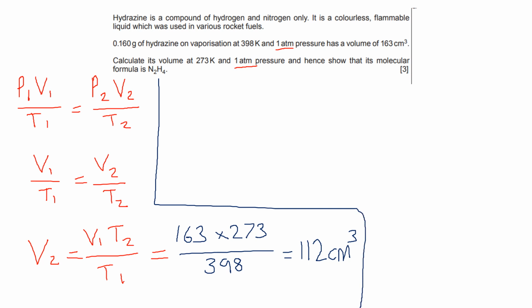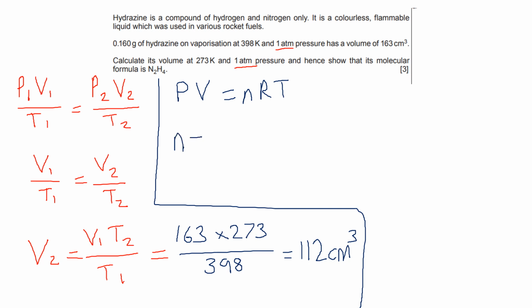We now need to show that its molecular formula is consistent with N2H4. So we'll write out our ideal gas equation, PV equals nRT. And we know the mass of the hydrazine, and we want to calculate the number of moles, and therefore we can work out the molecular mass and then see if that makes sense with N2H4.